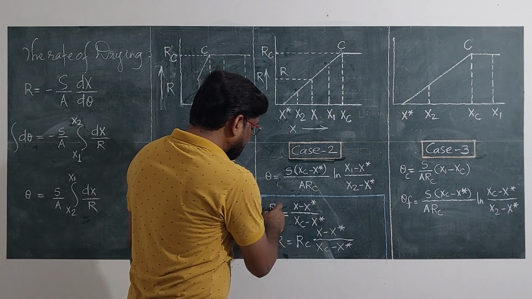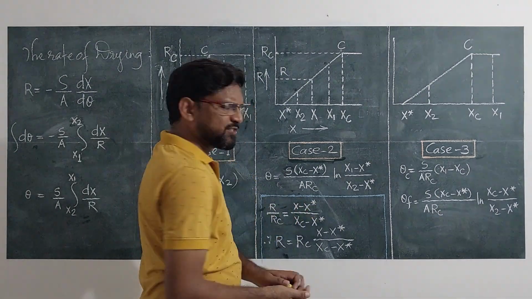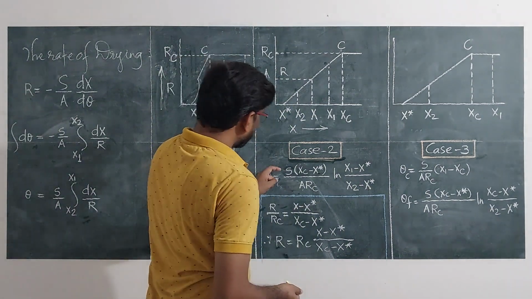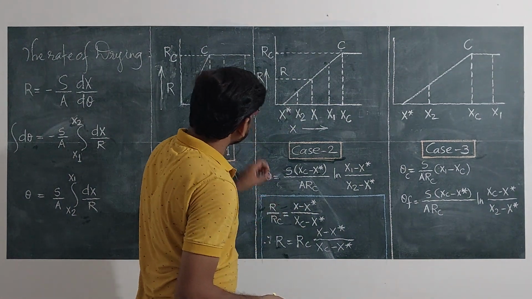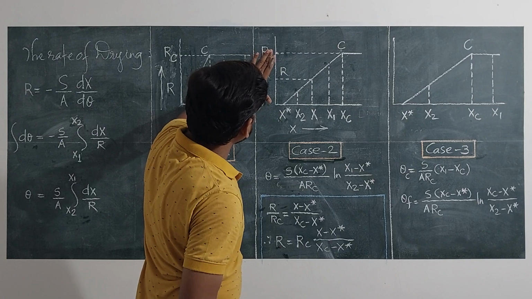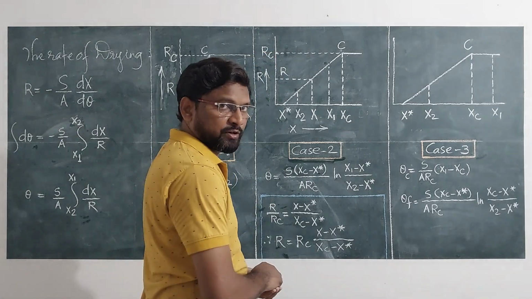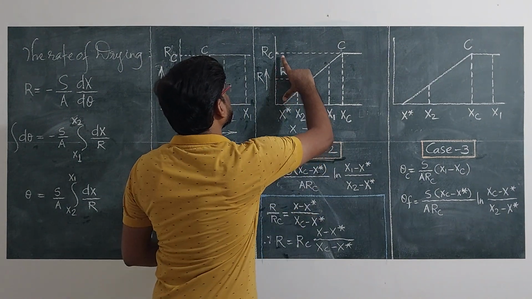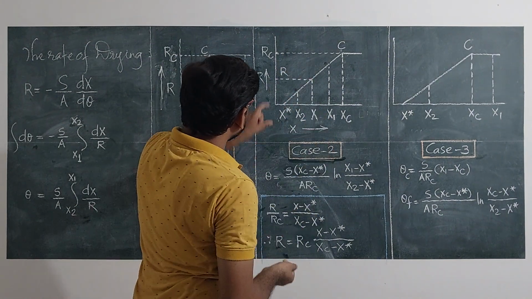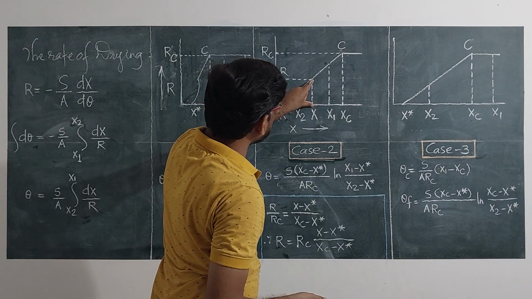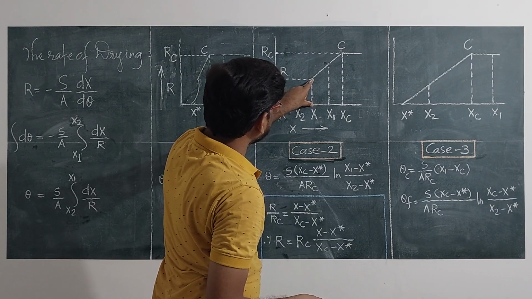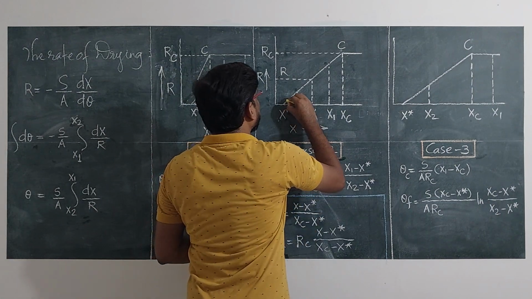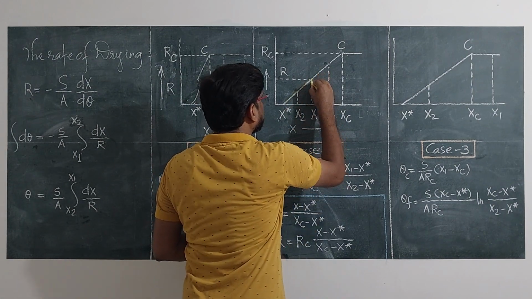How is the ratio R upon RC related to this? It's just a game of trigonometry. See, this R is equal to this height.